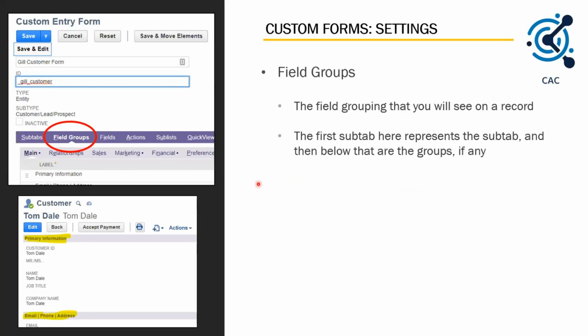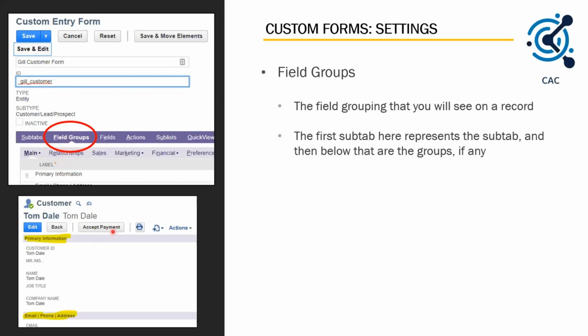Okay. Next setting is the field groups. So I'm going to go through these tabs as they are in the system. So field groups, this is the field grouping that you'll see on a record. So the first subtab here represents the subtab, and then below that are the groups.